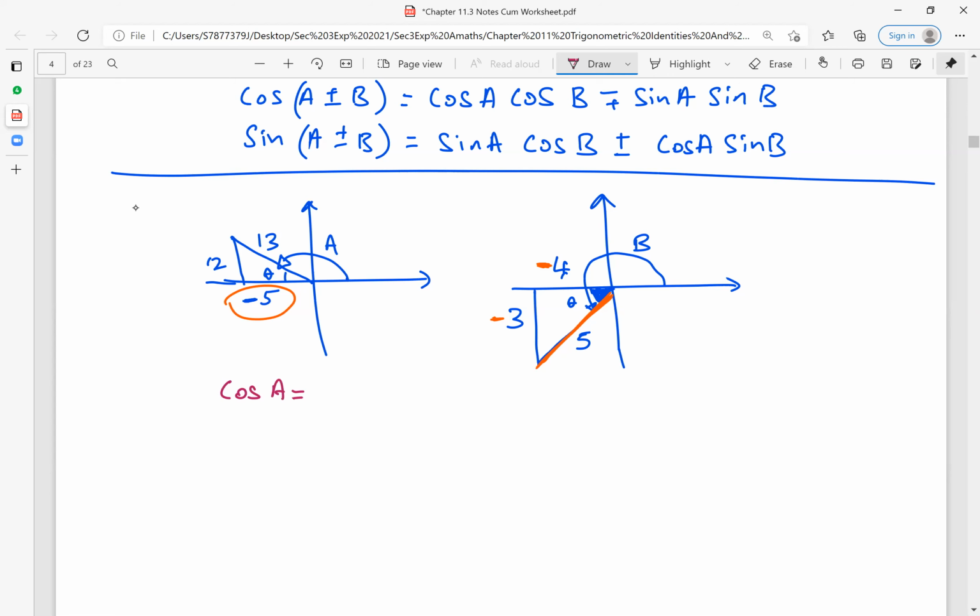Why 12 over 13? Wait, no. Oh yeah, negative 5 over 13, fine. Because this is your A, this is your O, this is your H. So A over H is negative 5 over 13. Understand?